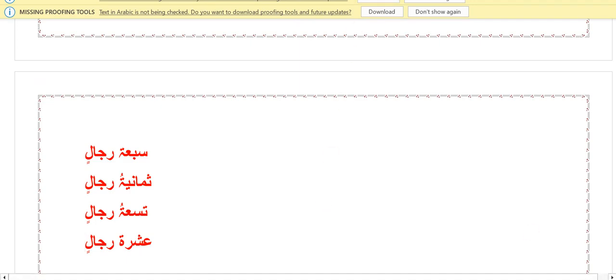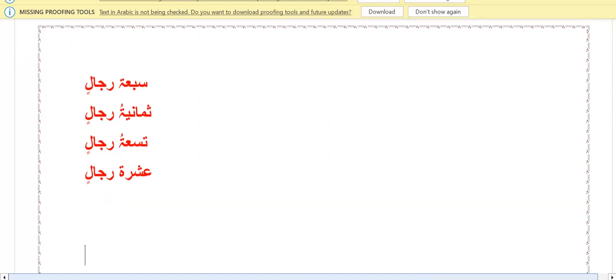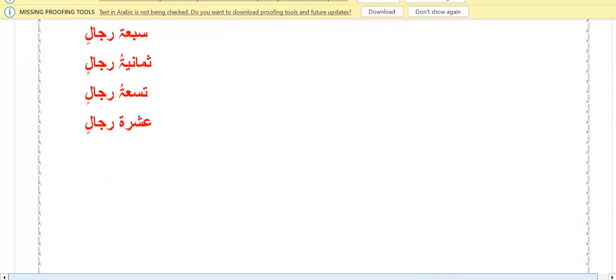Now, let's have the example of muannas. Suppose we want to say 1 woman. For 1 woman we say imra'atun wahidatun. For 2 women we can say imra'atani or imra'atani isnatani.